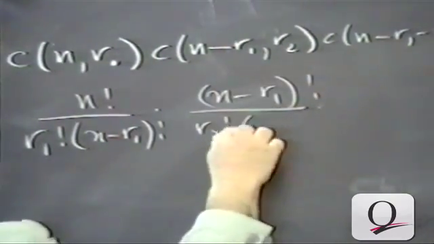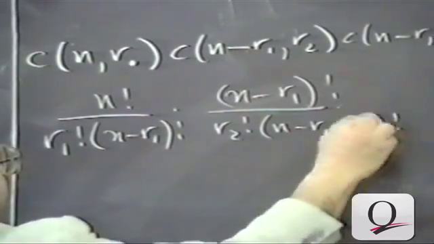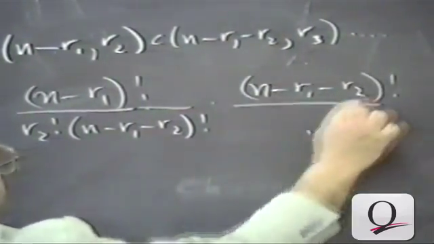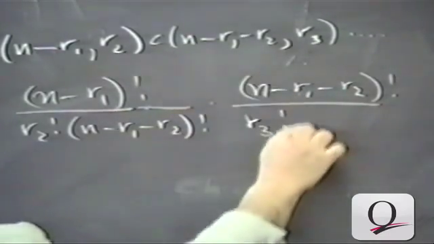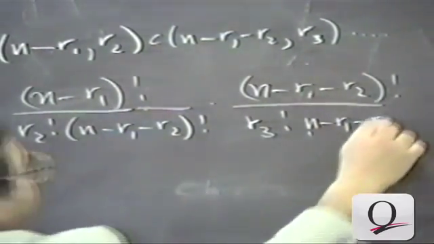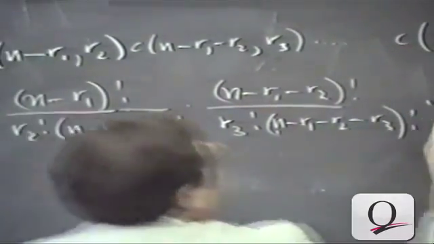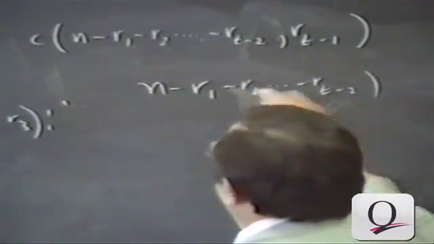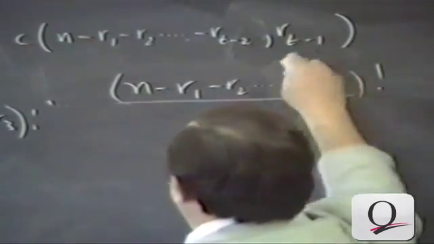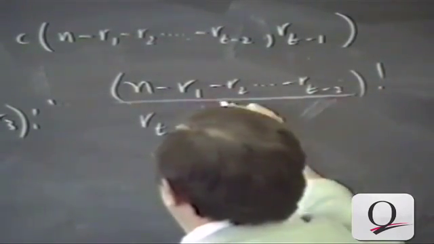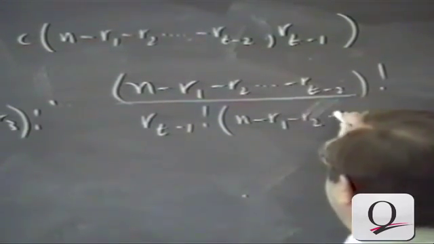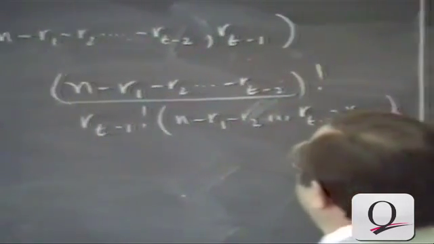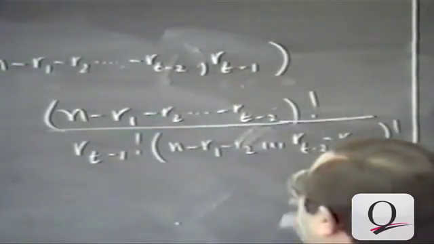Now it's the difference of these two, so it's n minus R1 minus R2 factorial, which is what the next one starts off with, n minus R1 minus R2 factorial, R3 factorial, and the difference all the way down to R sub t minus 1 factorial and n minus R1 minus R2 all the way to R sub t minus 2 minus R sub t minus 1. I still have to subtract that one factorial.